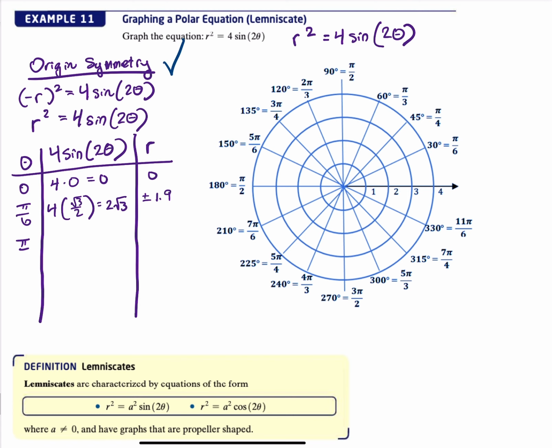Then we can have pi over 4. So we get 4 times the sine of pi over 4 times 2, so that's pi over 2. Sine of pi over 2 is 1. So we get 4, take the square root, plus or minus 2. And pi over 3, we get 4 times the sine of 2 pi over 3, which will give us positive root 3 over 2.